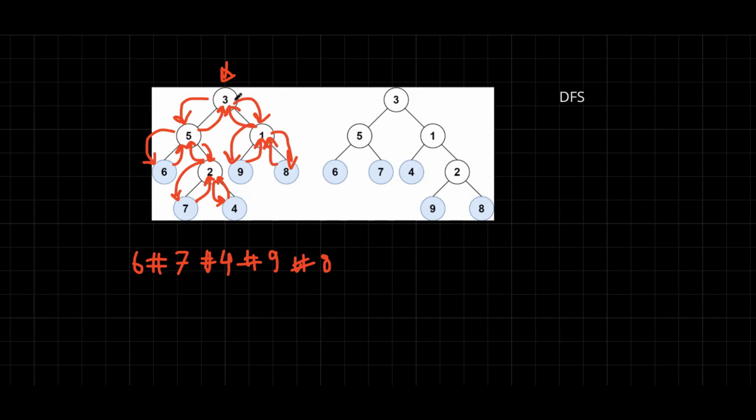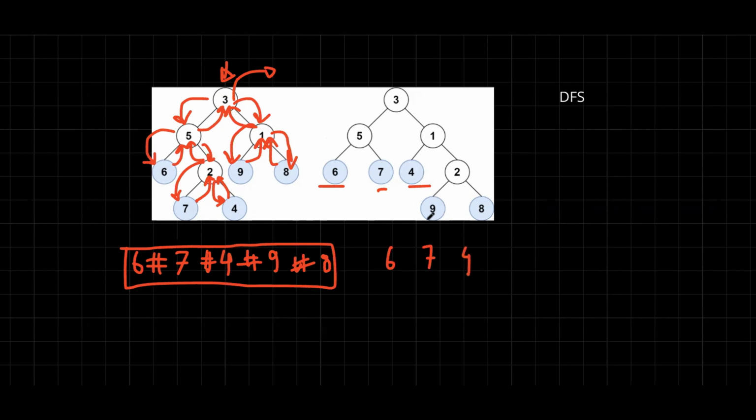From 1, it will go to 3, and from 3, it will return back. So here, by applying the depth first search technique on the first tree, we have found this sequence of leaf nodes. Similarly, you can run the DFS on the second tree, and you will also find this 6, this 7, this 4, this 9, and this 8 as a sequence.